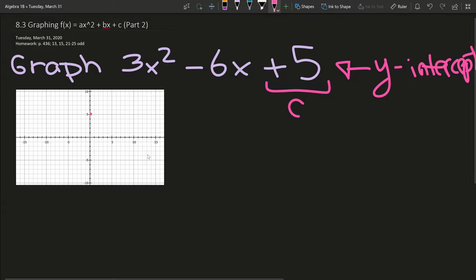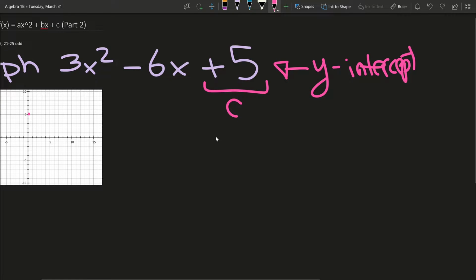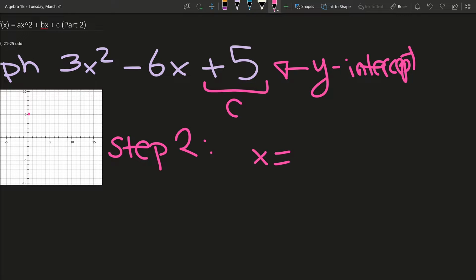Okay, so after we do that, our next step, step 2, is to find our axis of symmetry and graph it. And remember once again, the formula to find our axis of symmetry is the following. x equals negative b over 2a.